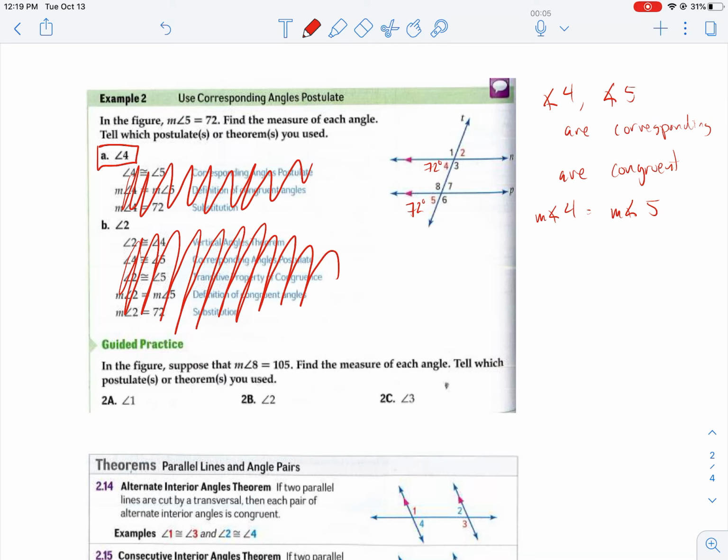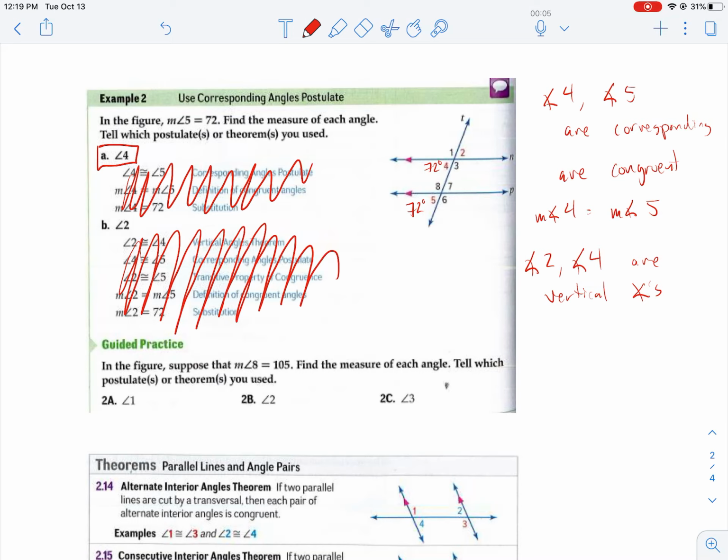Now it's asking us to find angle 2. Well, angle 2 and angle 4 are what we call vertical angles. Okay, and sometimes it helps to kind of cover up that bottom piece. So if you take your hand and kind of cover up 5, 6, 7, and 8 down below, so all you can see is angles 1, 2, 3, and 4. Okay, you get a nice image of those vertical angles. Okay, so we know that vertical angles are congruent.